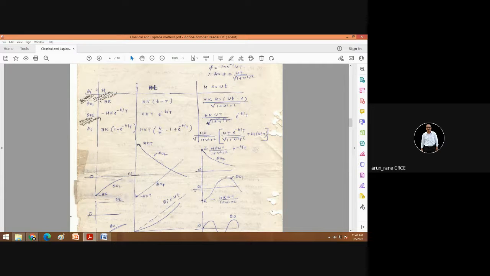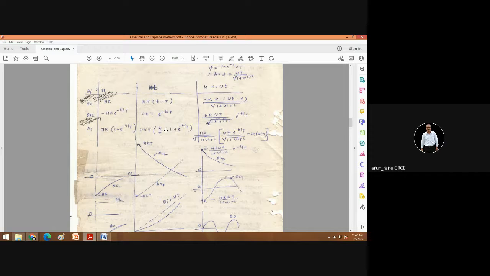So if my input is step, that is H, then my transient response or complementary solution is this, minus Hk e raised to minus t by T. Similarly, if it is ramp, it is this, and if it is sinusoidal, it is this.